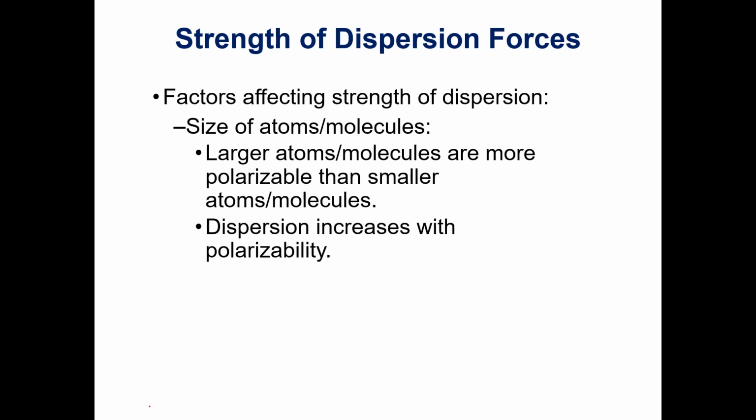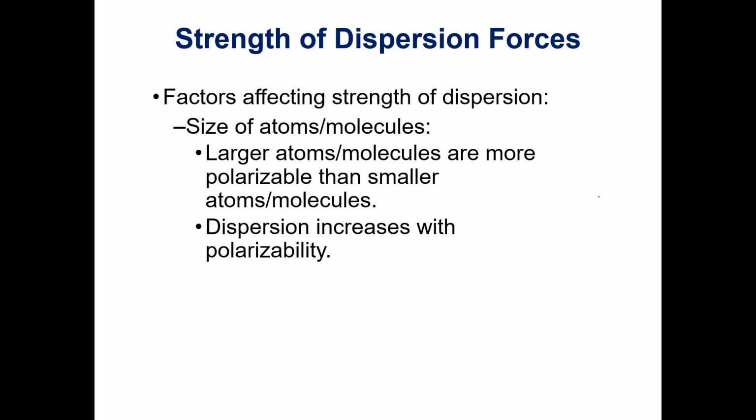One of them is the size of the atom or the molecule. Something that's larger, that has more of an electron cloud, and has more surface area for an electron cloud, is going to be more polarizable.